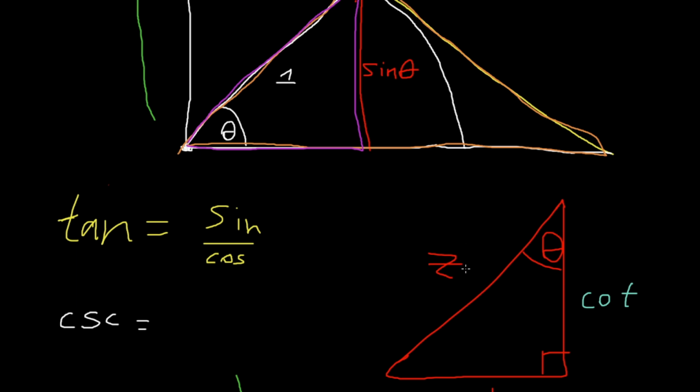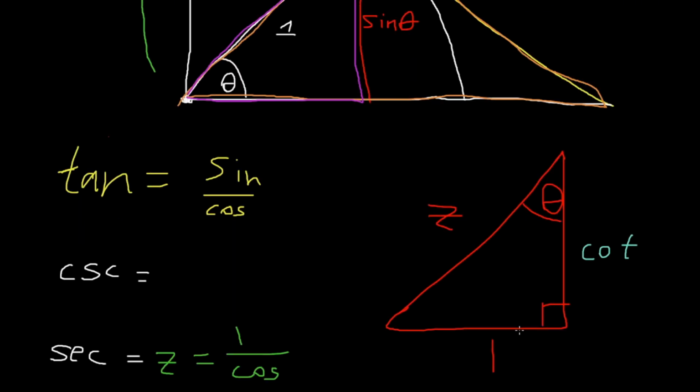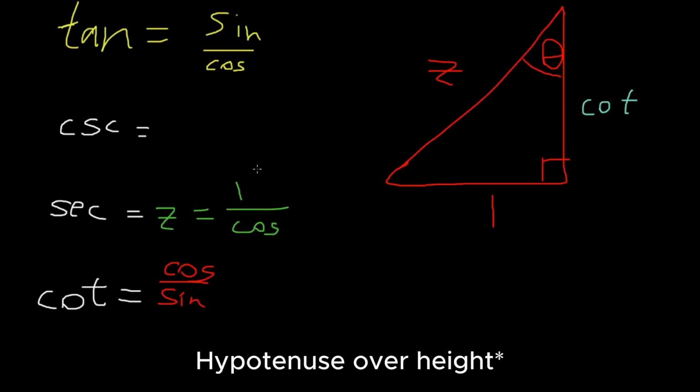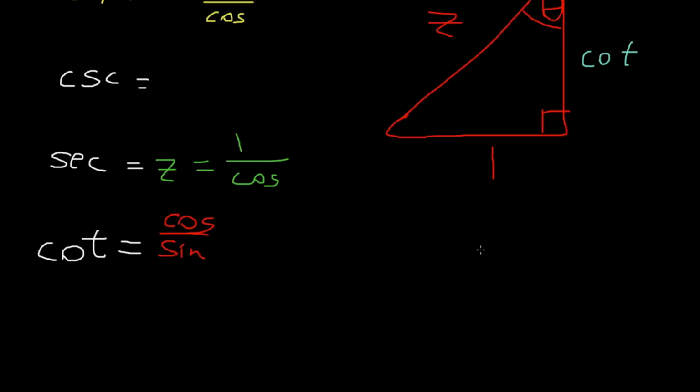Now, what is z in terms of theta? In terms of theta, the 1 looks like the base right now, but if you shift your head a little bit, it actually is the height, or the opposite side, across from the angle. So it's actually the height over the hypotenuse. What else do we know is like a height over hypotenuse? Remember, relate it back to our purple triangle.